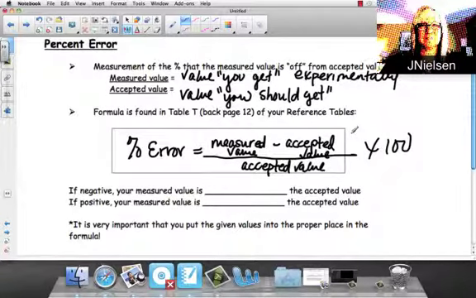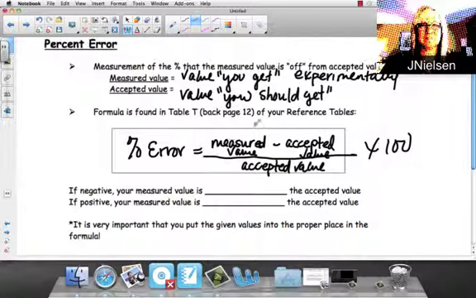Now, what I tell students, and it's really up to you, and they don't write this on the back of your reference tables, you have to remember that percent error is always a positive value.